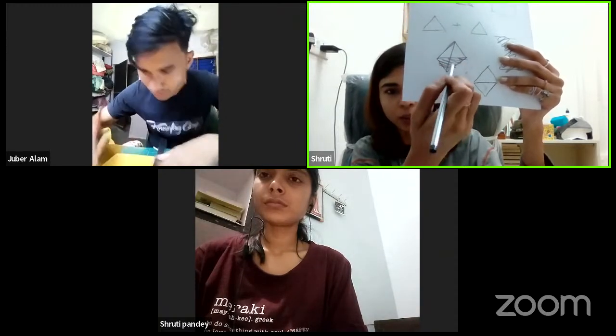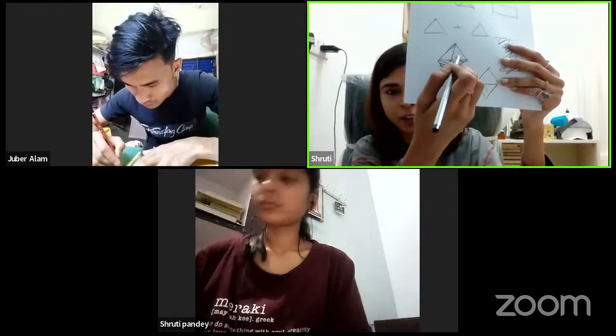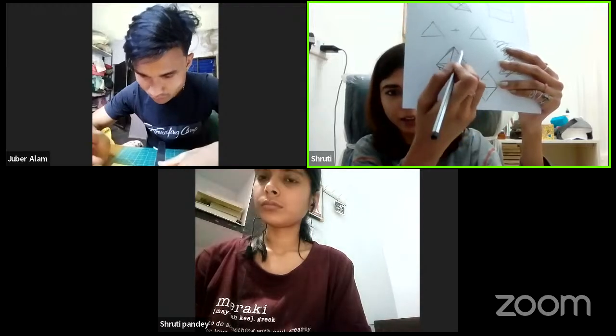So if this was my base that I'm considering, this lower area in the triangle that you see, then I've made this here. First, this one is the base. Then I've made one triangle which is connected over here, one triangle which is connected over here, and one triangle which is connected over here. So this is my triangle which is connected over here, number 2. Now I have to make this triangle and this triangle. So I'll just go on and make it over here. So this becomes the tetrahedron template that I have developed.